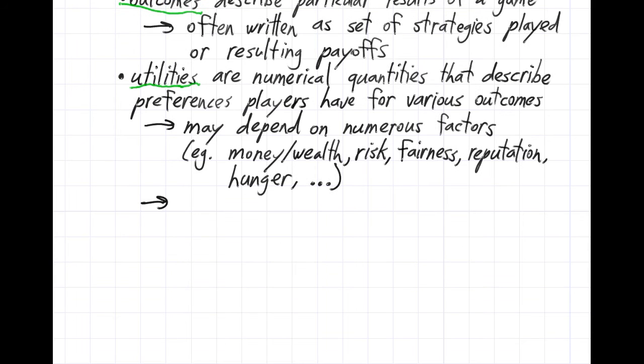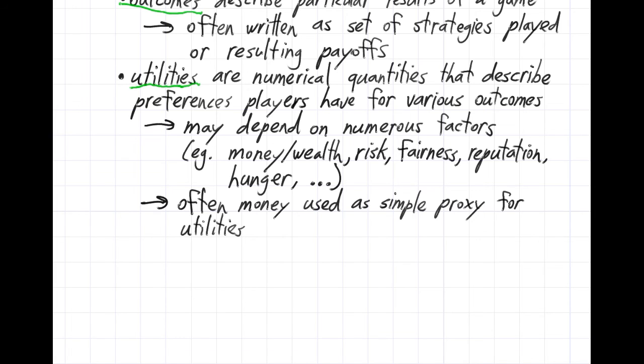It's very common to use money as a simple proxy for utilities, for example, in actual experiments. But we should be a little bit careful when we think about that, because how much money one player values might be different than another player's preference for money.